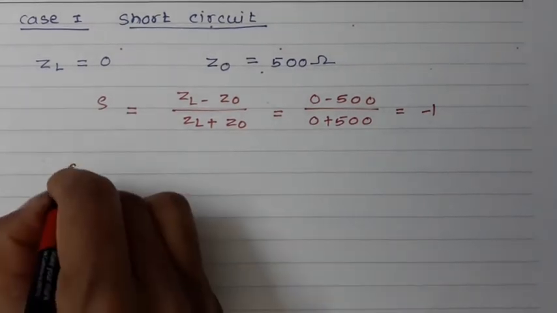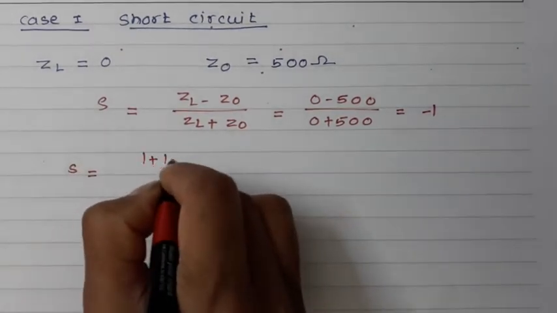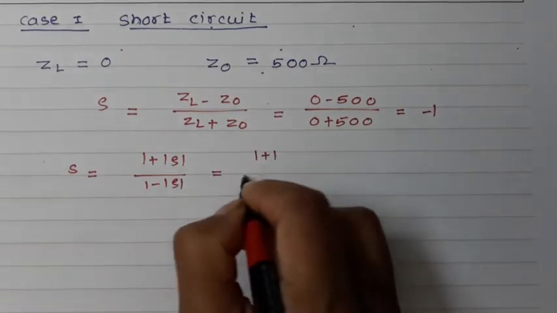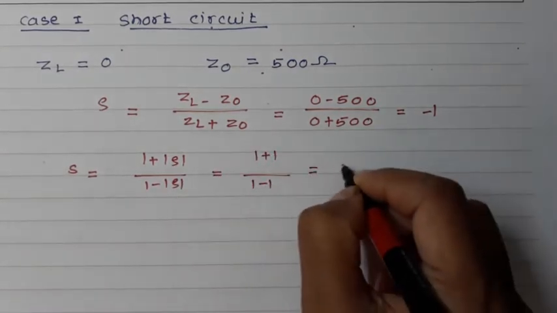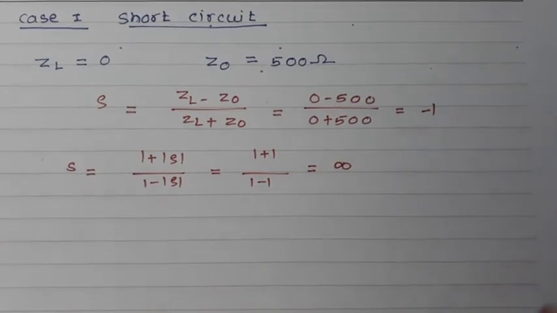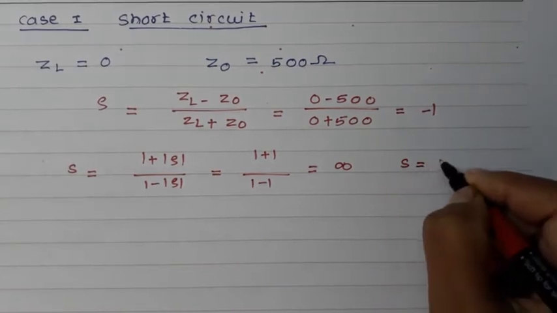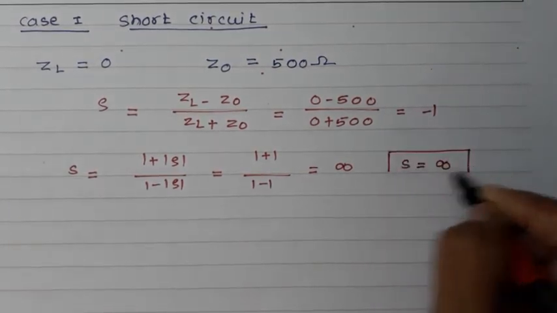So the voltage standing wave ratio will be 1 plus mod of rho divided by 1 minus mod of rho, which is 1 plus 1 divided by 1 minus 1. So in this case it will be infinite. If I am considering the short circuit condition, my voltage standing wave ratio must be infinite.